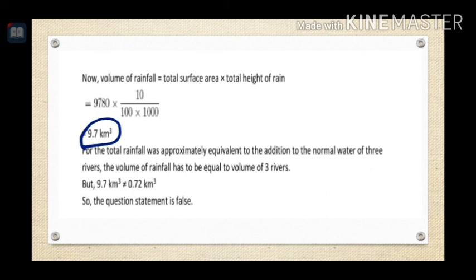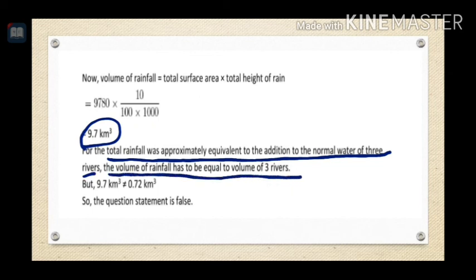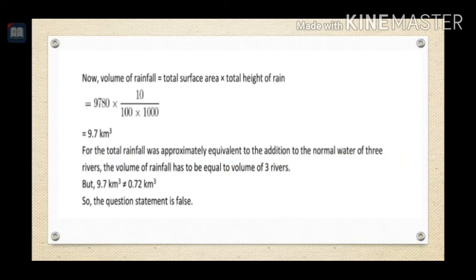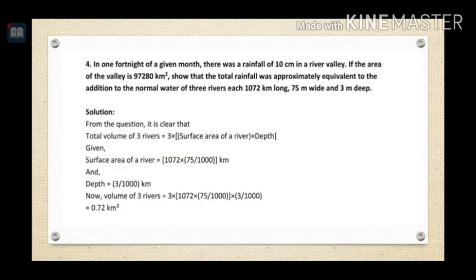For total rainfall to be approximately equivalent to the addition of normal water in 3 rivers, the volume of rainfall has to be equal to the volume of 3 rivers. To satisfy the condition, the volume of rainfall had to be equal with the volume of 3 rivers.